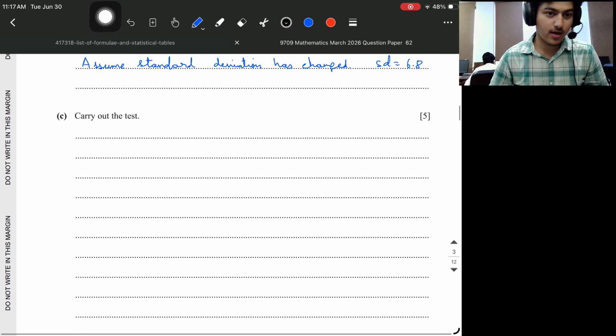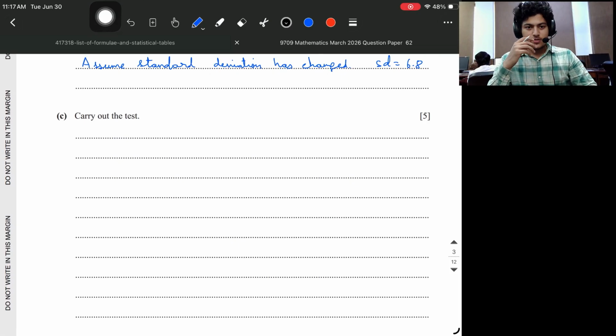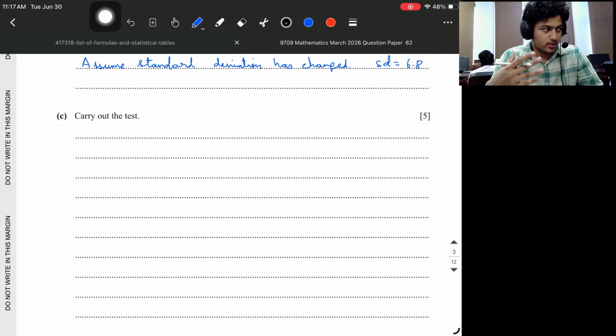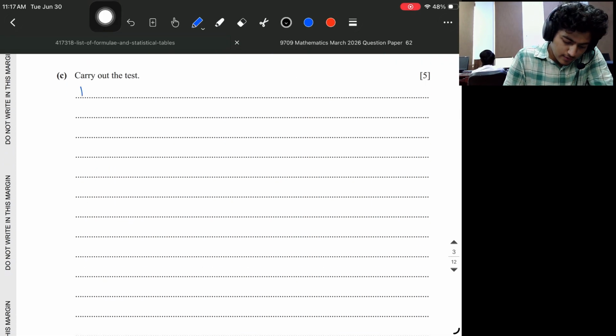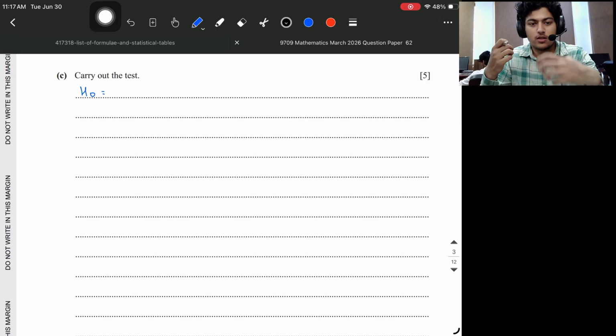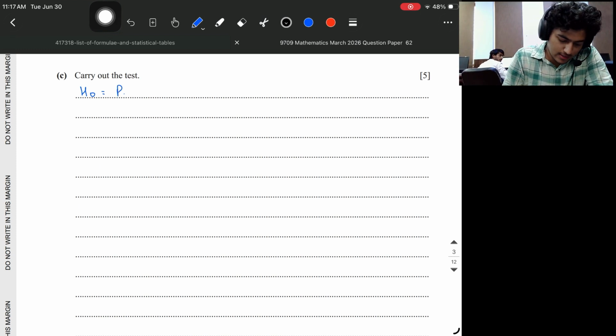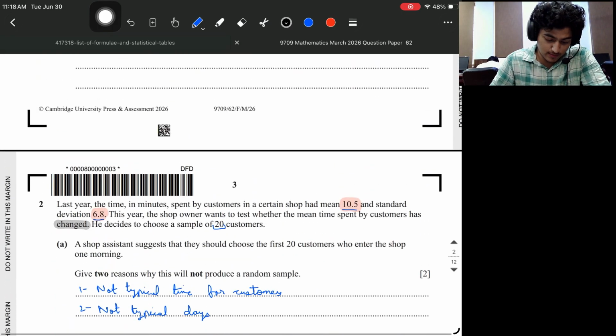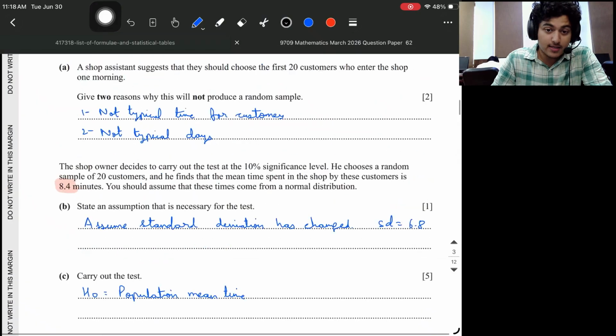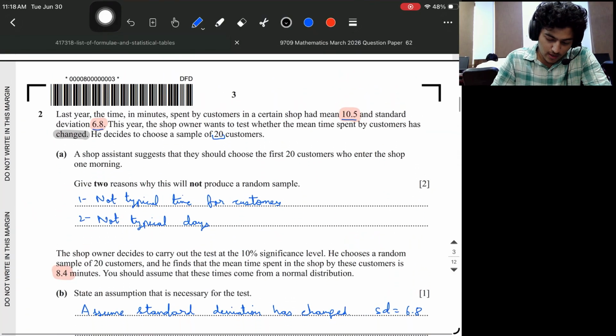Now, let's carry out the test. There are certain steps that you need to follow for carrying out the test, and firstly, H naught. H naught is basically the unchanged hypothesis, where your population mean time, meaning the time that customers spent in the shop, as they've stated here, is 10.5 originally.